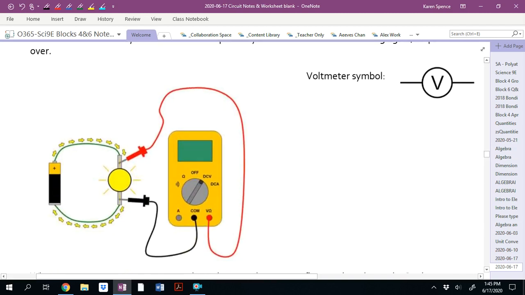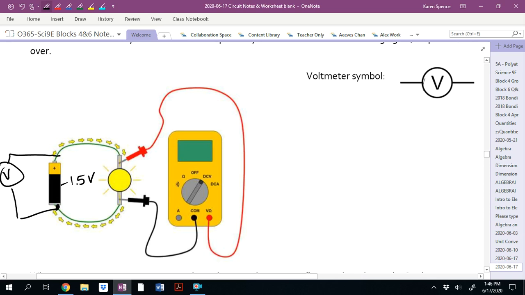So if this is a 1.5 volt battery, I could connect my voltmeter here, okay? And the symbol for voltmeter is a V, so I'm just going to draw it like this over here. I could attach it here and attach it here.